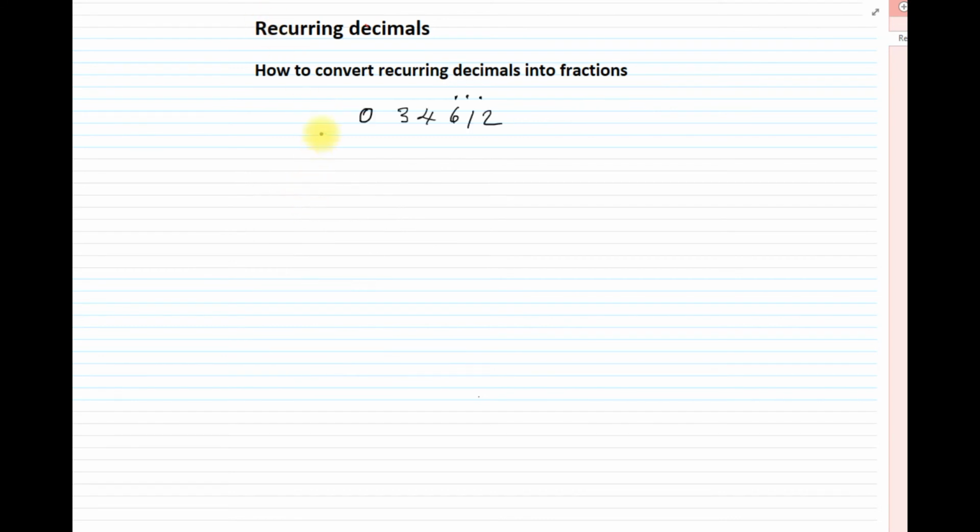Now, just to give you all a very good grounding, I have here started a monster of an example. You are not likely to get this in your GCSE exams, but it's a good exercise to go through so that you demonstrate your full understanding of this topic. So this is 0.34612 recurring, with 612 recurring. If I call this A, how am I going to write this as a fraction?